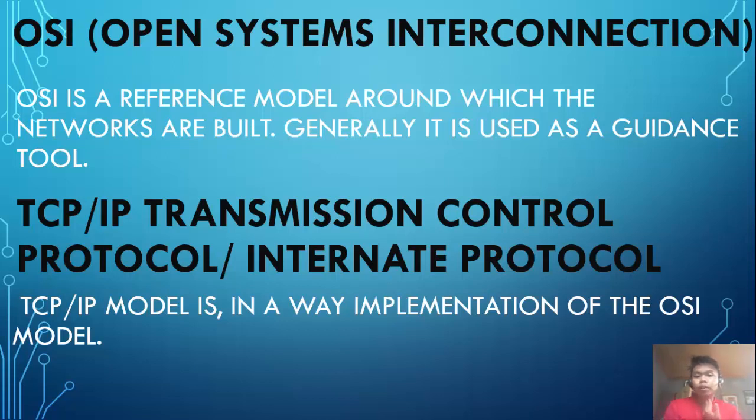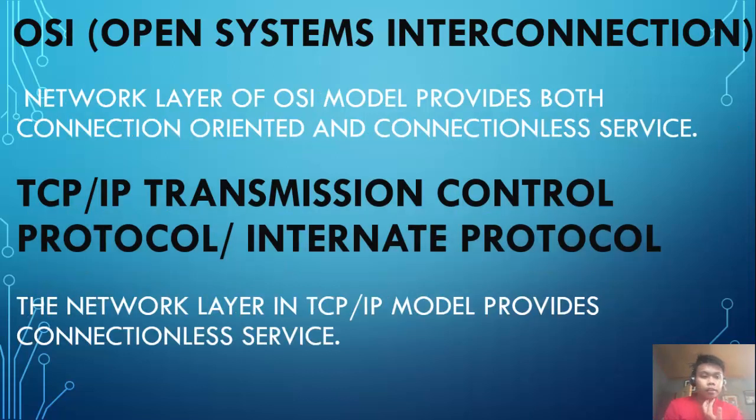So see the difference, guys. The next is the network layer of the OSI model provides both connection oriented and connectionless service. The network layer in the TCP/IP model provides connectionless service.